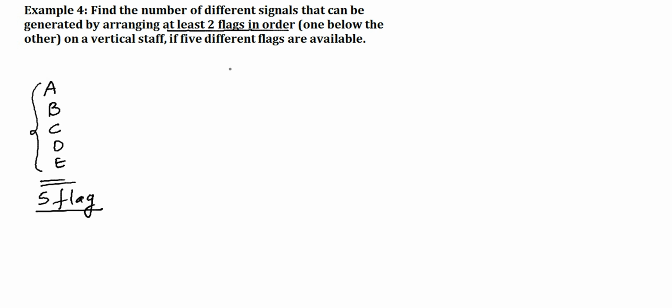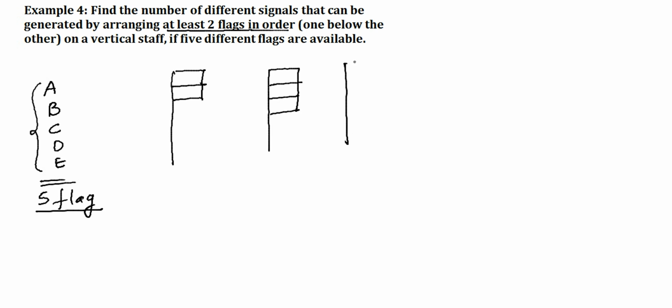Okay. Now I have a vertical staff and I have to form a signal. So I can use 2 flags at the minimum. I can also use 3 flags. I can also use 4 flags. And I can also use these 5 flags.